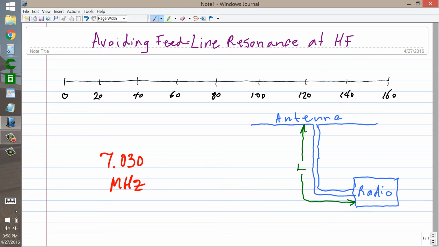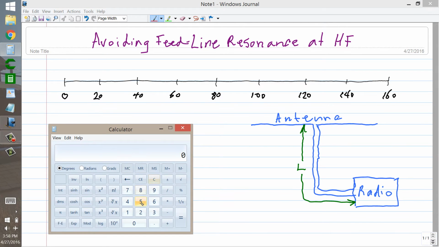To calculate the length, you divide 234 divided by 7.03. That's 33.28 feet, and so on. You do not want to have a feed line that is that particular length.